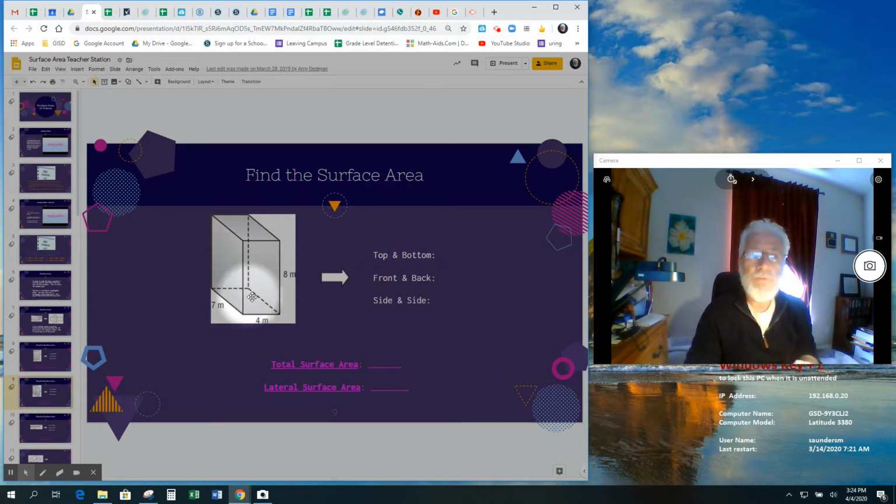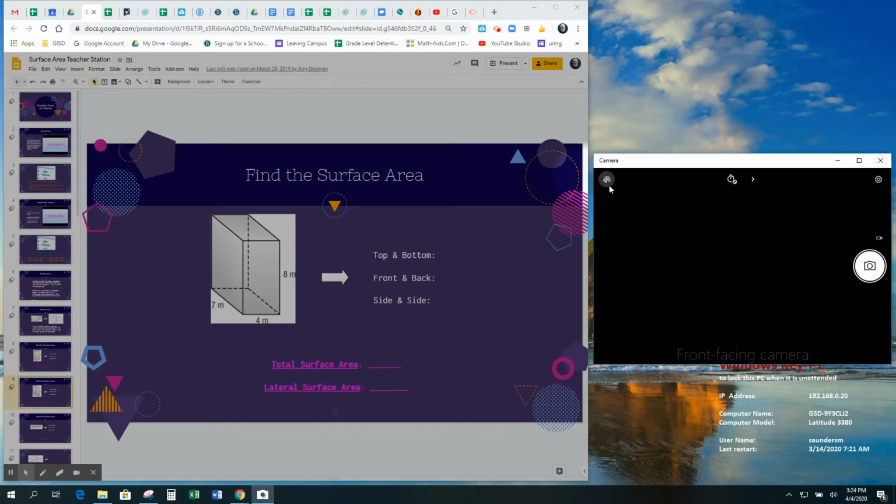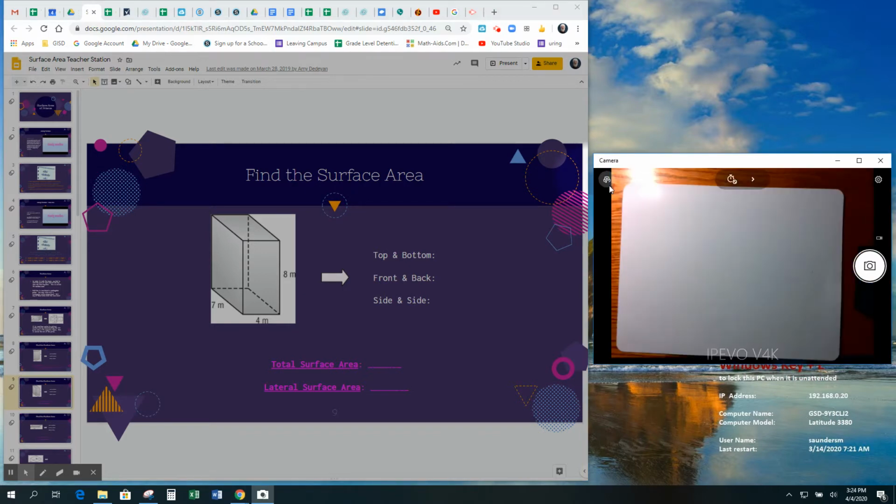Okay, so find the surface area of this. What is this? This is a rectangular prism. Okay, so we have a top and a bottom, a side, and a back and a front. Okay, let's calculate. So first of all, let me switch cameras so you can see my whiteboard. Here we go.